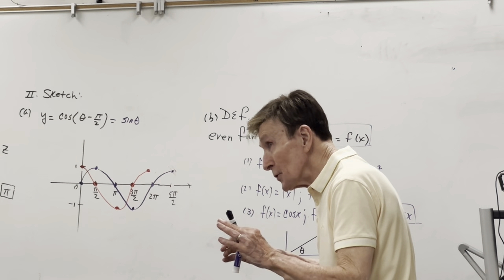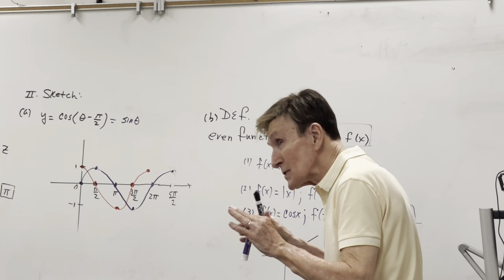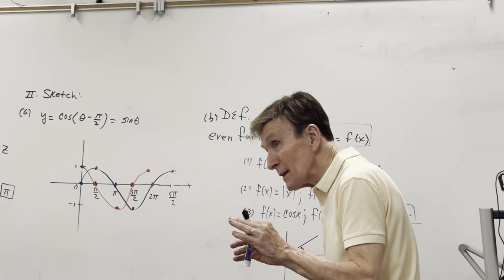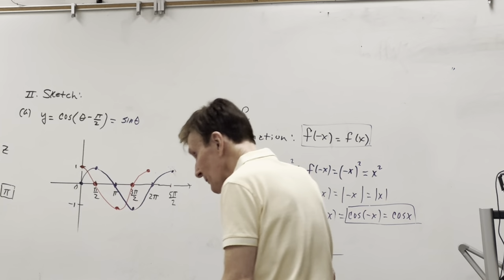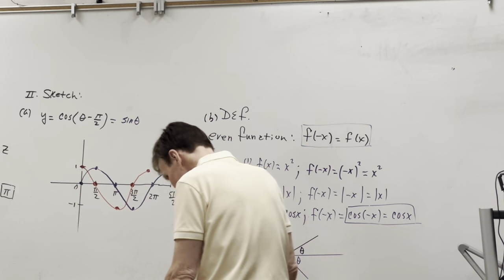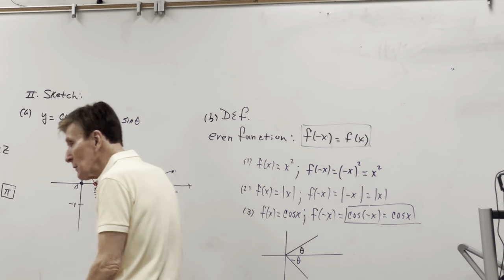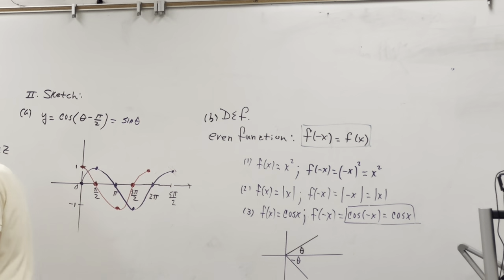Now suppose I ask you cosine of theta in quadrant 1, and cosine by definition is x. Is it positive or negative? Positive. Now suppose I move down to quadrant 4 and ask you what's the cosine of a negative theta. You're in quadrant 4 and cosine's definition is x. What's x down in quadrant 4? Positive.